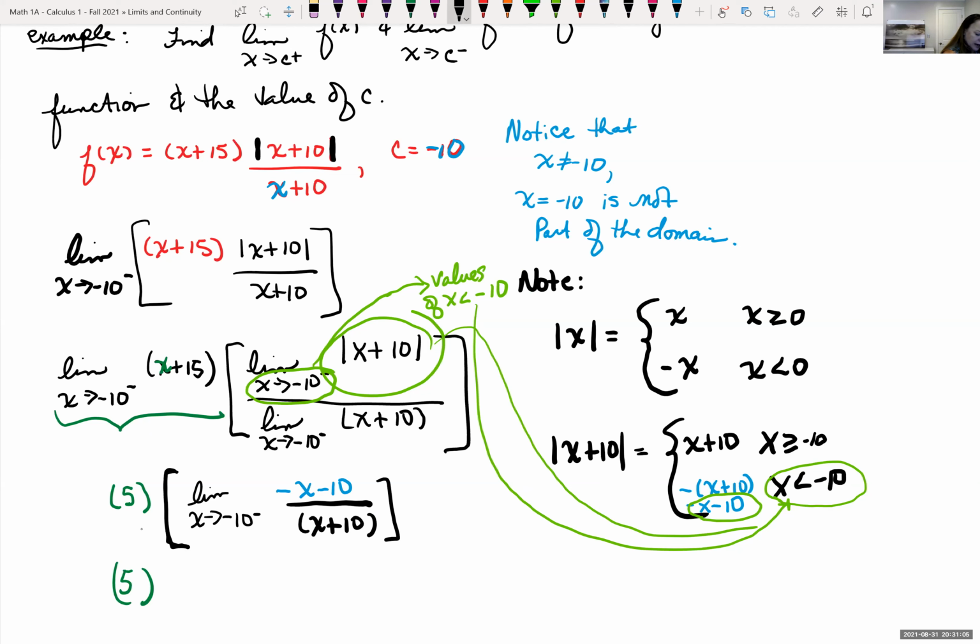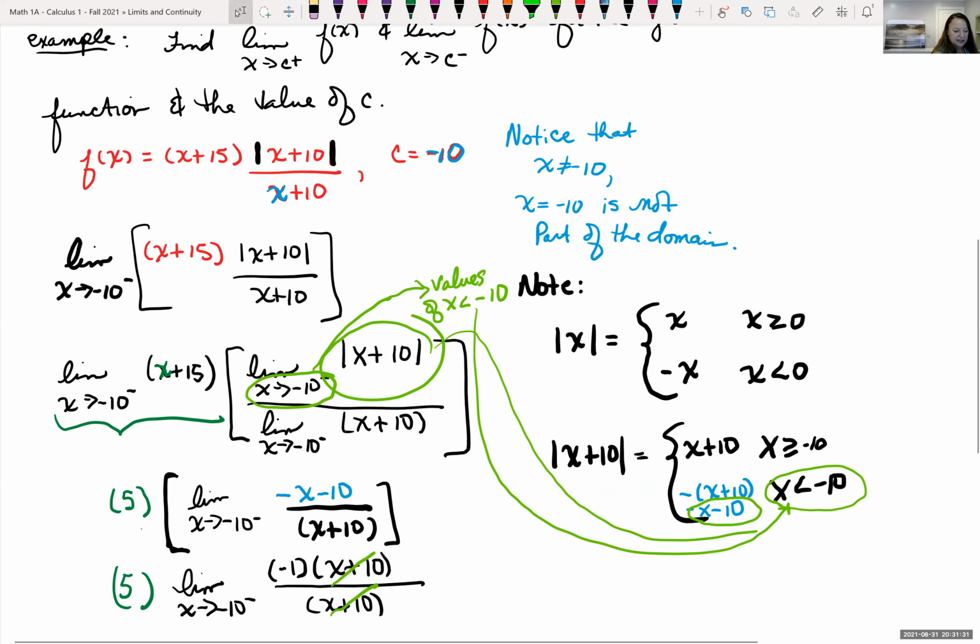For my numerator, I can pull out a negative 1. So if I pull out a negative 1 from my numerator, I'd be left with x plus 10 all over my denominator of x plus 10. So we can now cancel like factors.